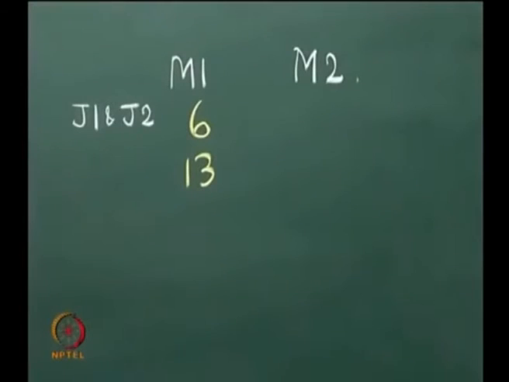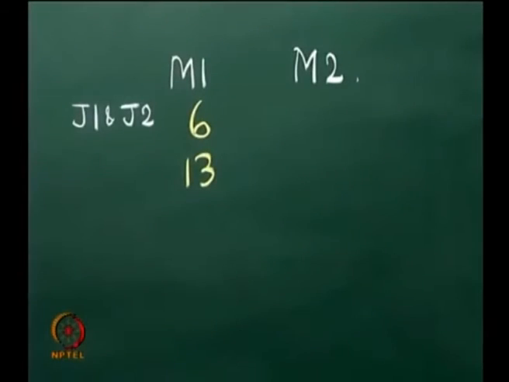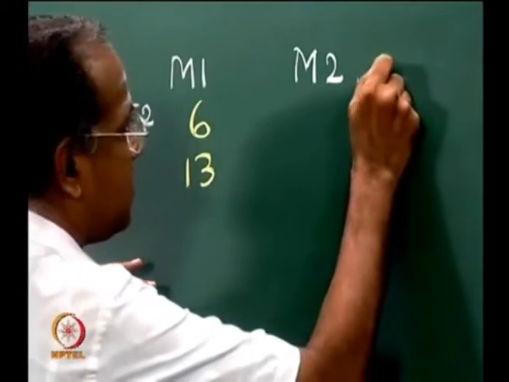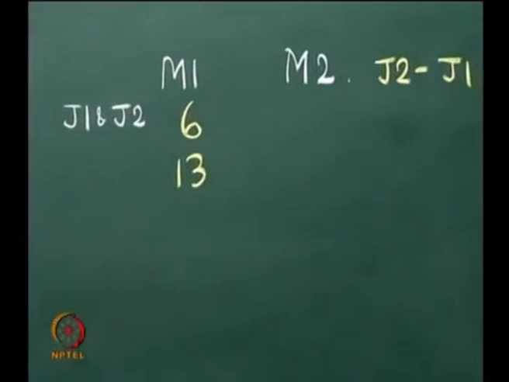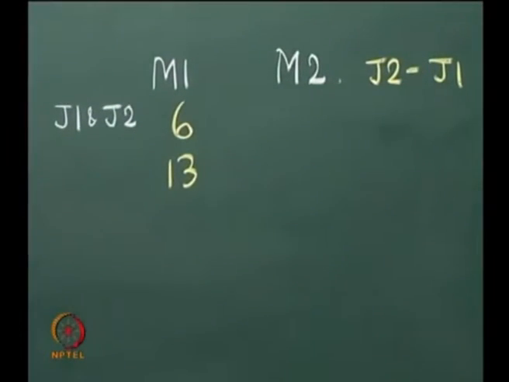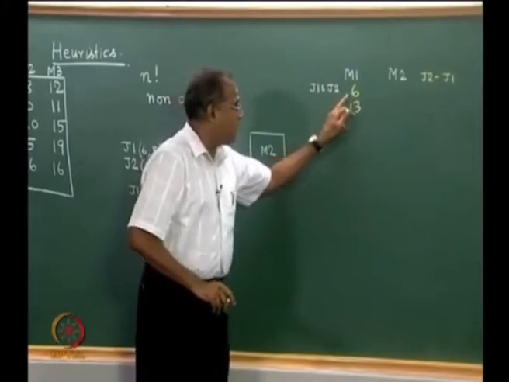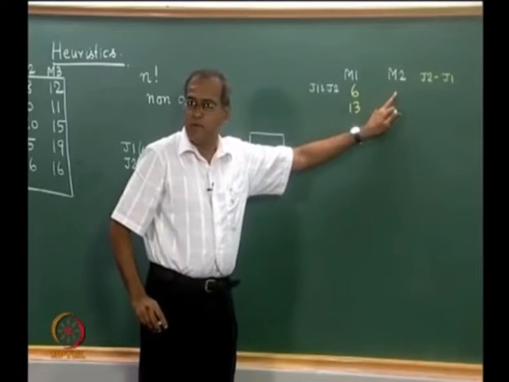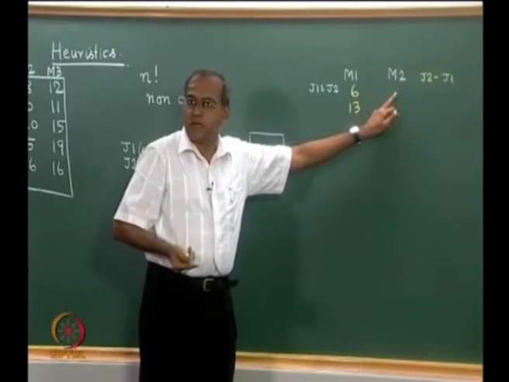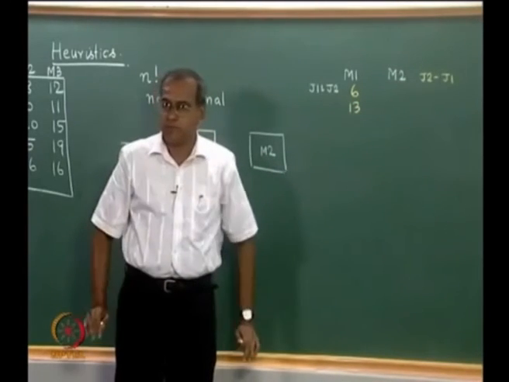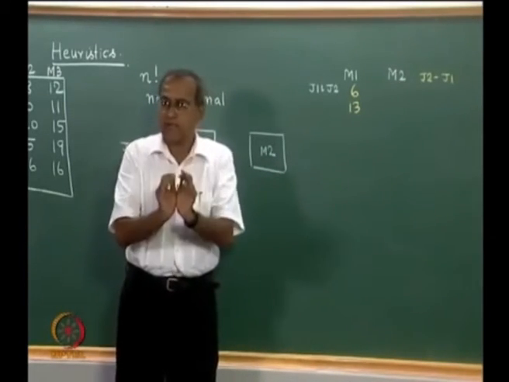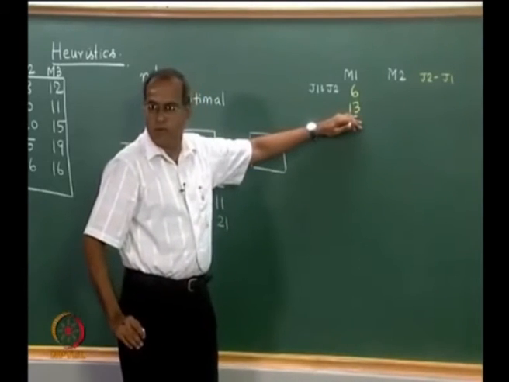Now, let us say on M2 the sequence is J2 followed by J1. This would mean that J1 will not immediately go to M2 even though M2 is free, because the sequence on M2 is J2 followed by J1. So, M2 will wait for J2 to be over.